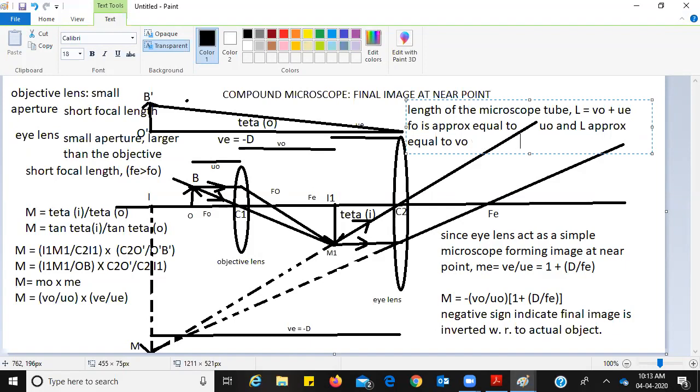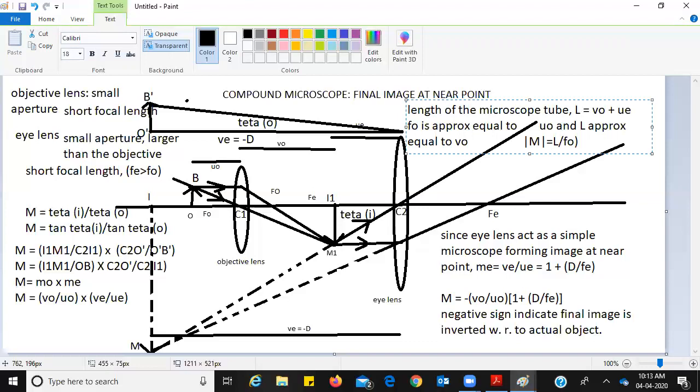So if you go for M, then what will come if you do those changes? I'm just putting magnitude, no sign. So it's equal to L by UO, L by FO.